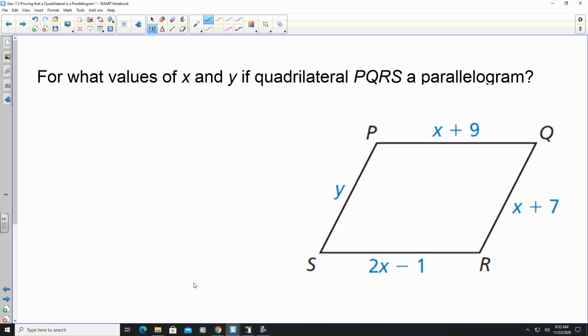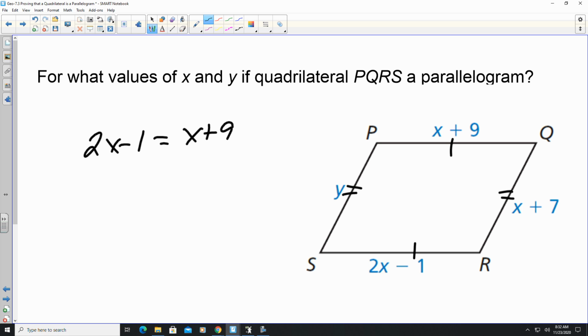For what values of x and y is quadrilateral PQRS a parallelogram? So here, if it's a parallelogram, that means this and this are the same and this and this are the same. So for that to be true, I'm going to say that 2x minus 1 we set equal to x plus 9.